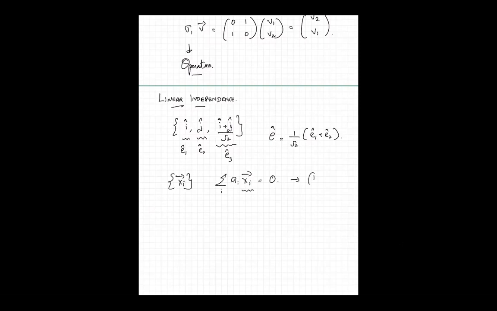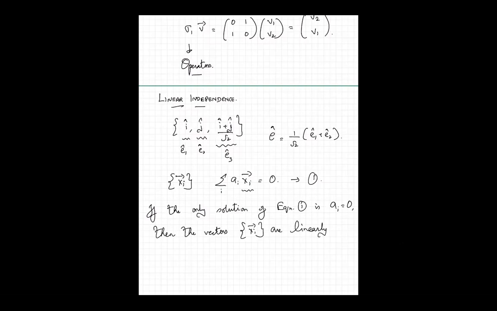Let's call this equation 1. If the only solution of equation 1 is all ai identically equal to 0, then the vectors xi are linearly independent, which means that no vector can be written as a linear combination of the other vectors.